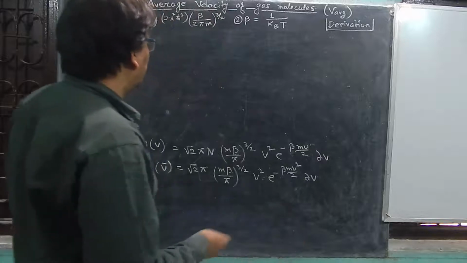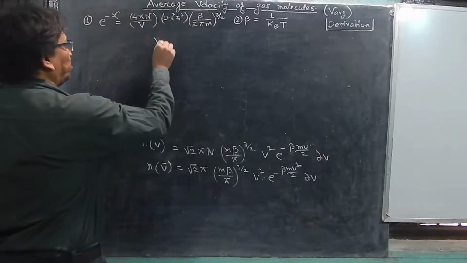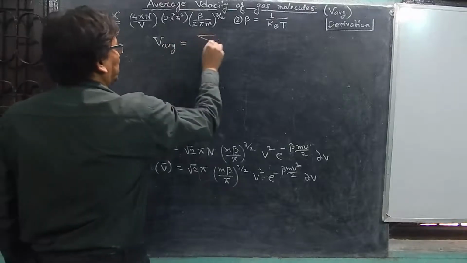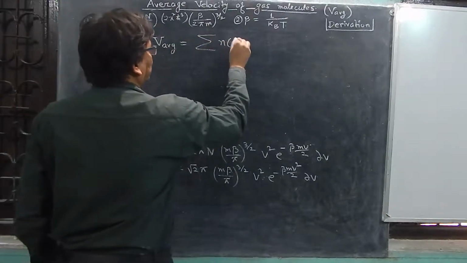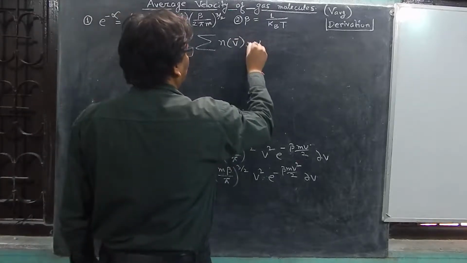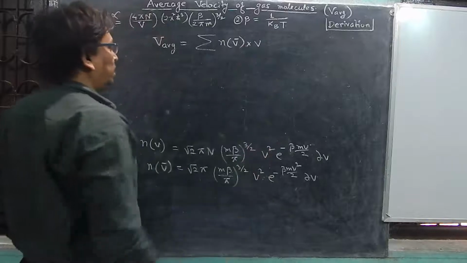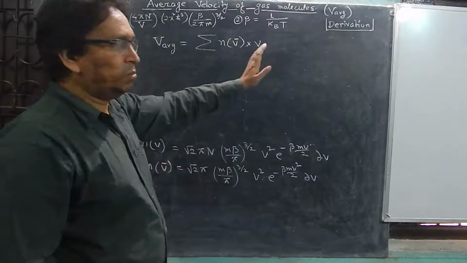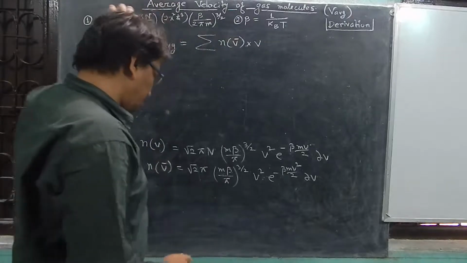Giving the average velocity of all these particles directly is not possible, but anyhow we can do this. This is the summation over some molecules moving with velocity v. If we do the summation of all this, then we will get the average velocity, but it cannot be done in a discrete manner, so we have to do it in integral form.